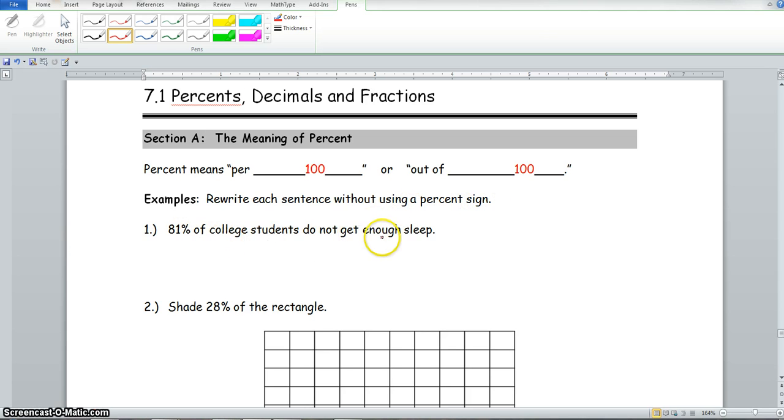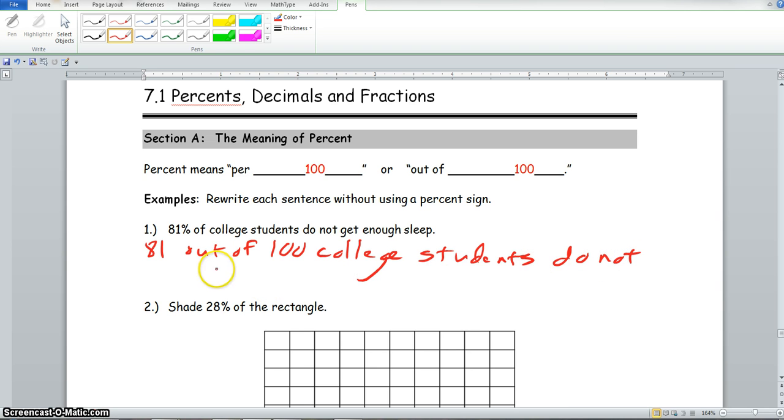81% of college students do not get enough sleep. So we could write 81 out of 100 college students do not get enough sleep.